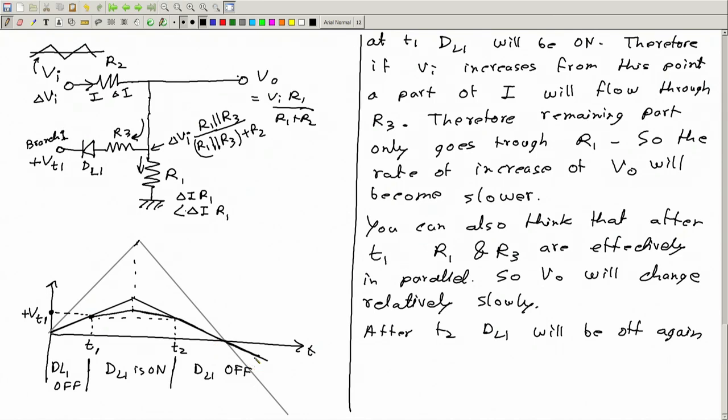Okay. And now what I will do is this, I will put another diode.